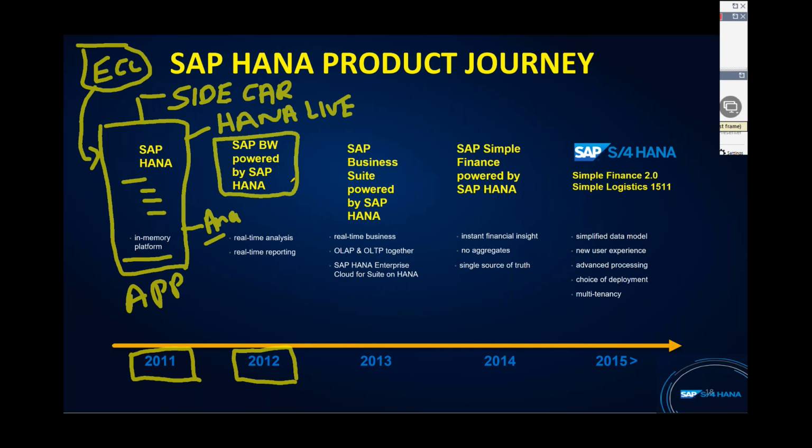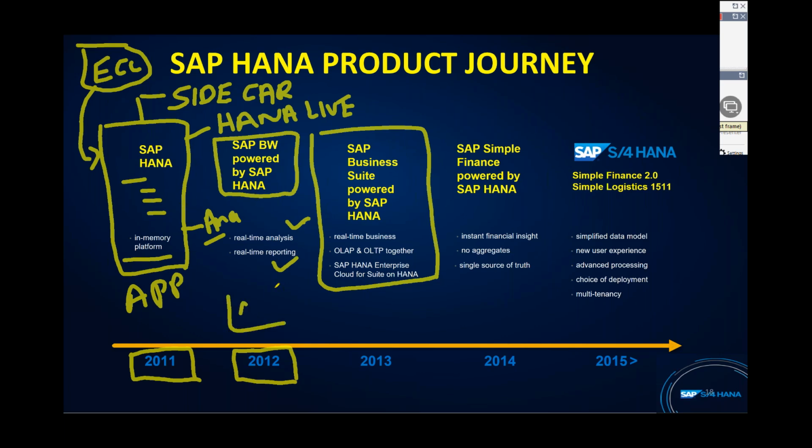So BW on HANA was the first SAP product on top of SAP HANA. The benefit from BW on HANA was real-time analytics, real-time reporting, and fast processing of our reporting. The throughput and the efficiency of the program increased a lot in BW.